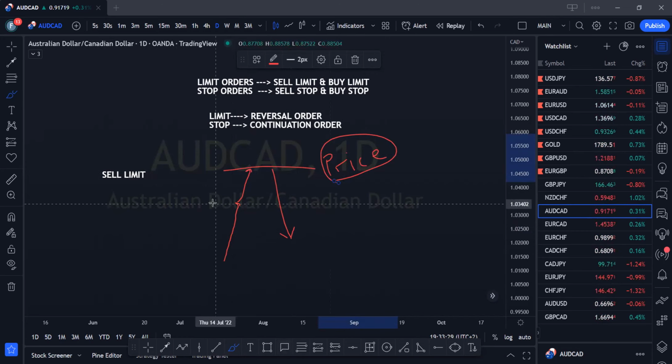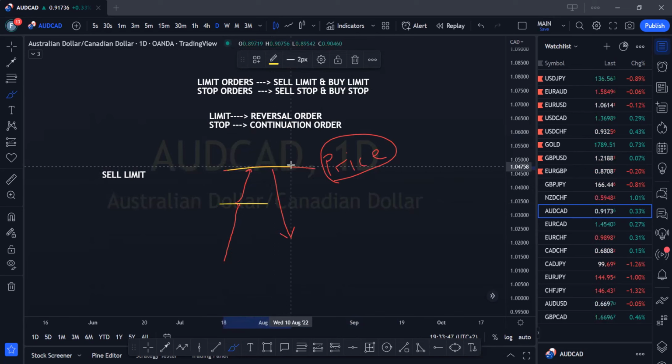So let's assume that this yellow line was the current market price. When price was here, based on your analysis, you think that if price gets to this high, it's going to start dropping.